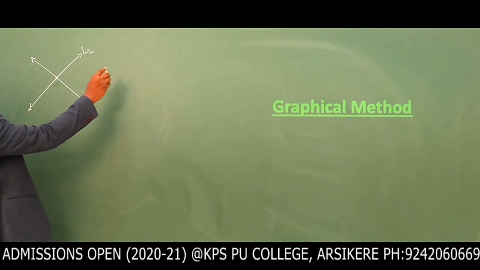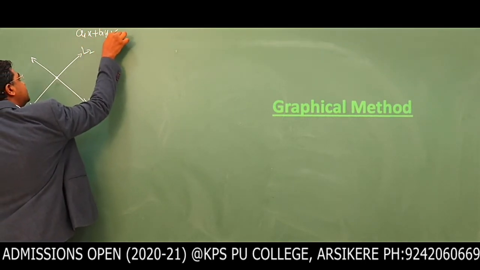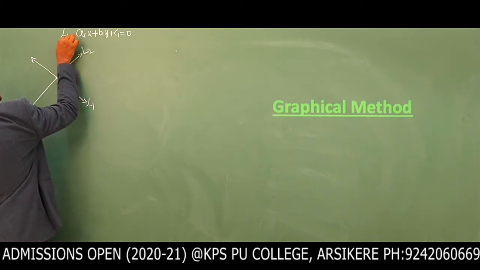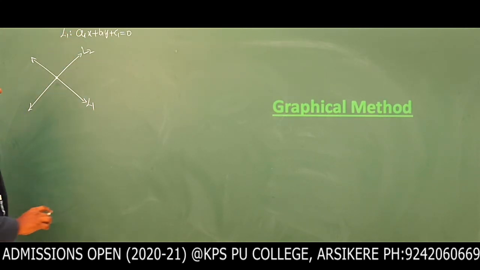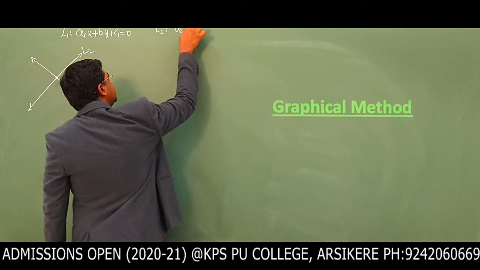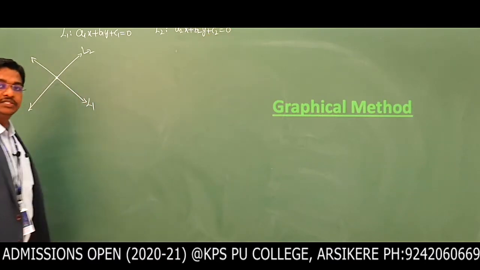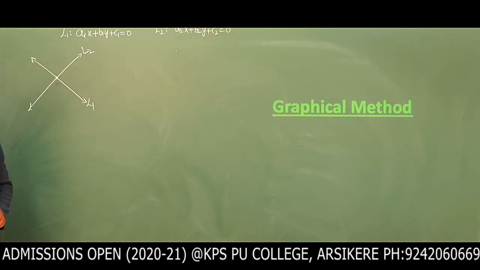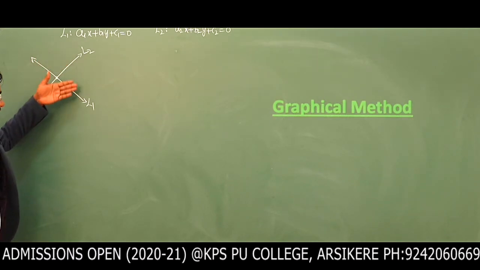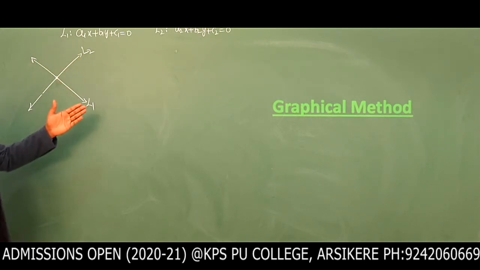Or you can take the equation a1x plus b1y plus c1 is equal to 0. This is equation 1 and the corresponding line is L1. And the second equation a2x plus b2y plus c2 is equal to 0. So these two are the given pair of linear equations. L1 represents the first equation and L2 represents the second equation.